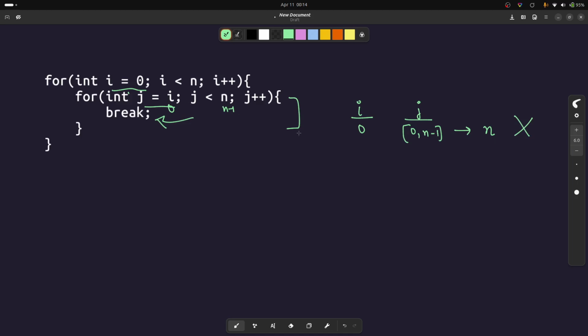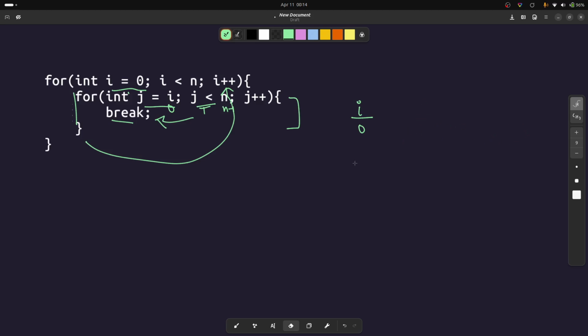What happens is, as soon as j is equal to 0, the j less than n condition is true, it goes inside and the instruction is break. So this loop is broken, and then immediately i plus plus happens. i becomes 1. Let me trace it again for the sake of understanding. i is equal to 0, i less than n is true, goes inside, j becomes 0, then j less than n, true, goes inside, break.